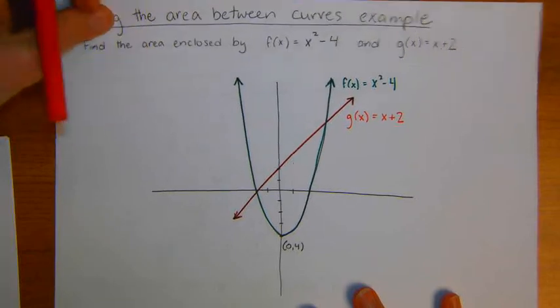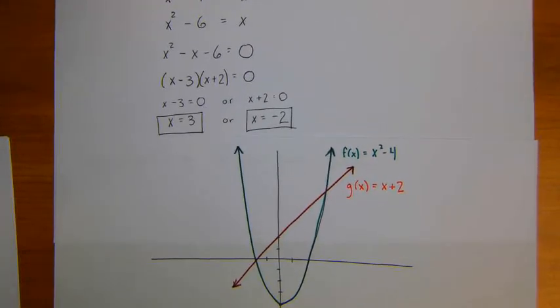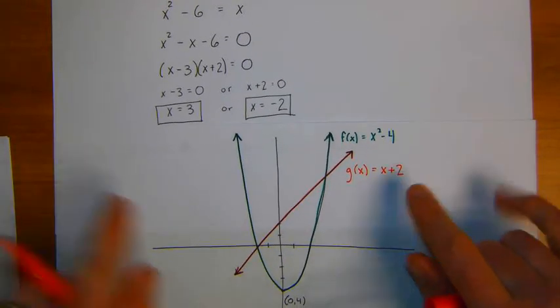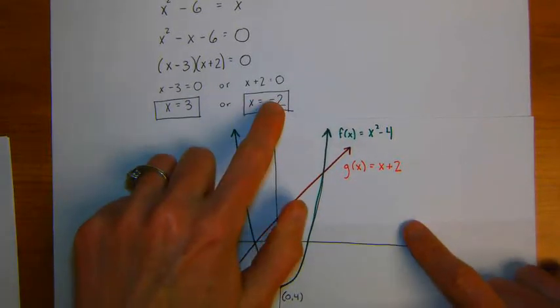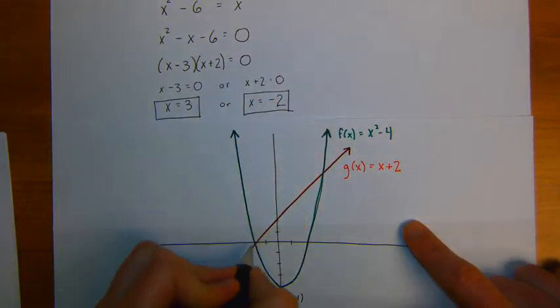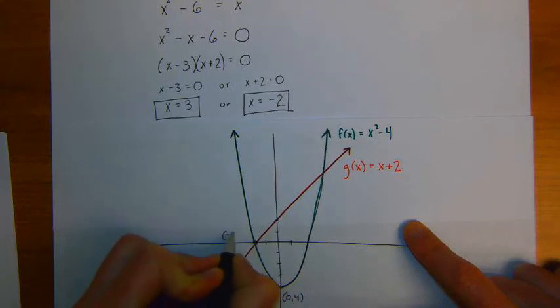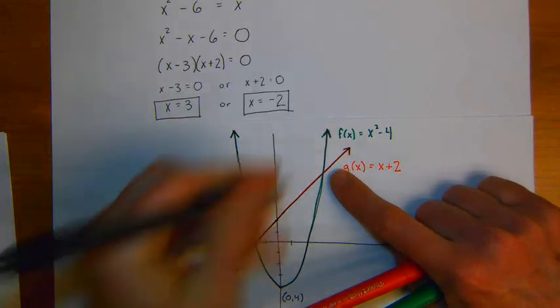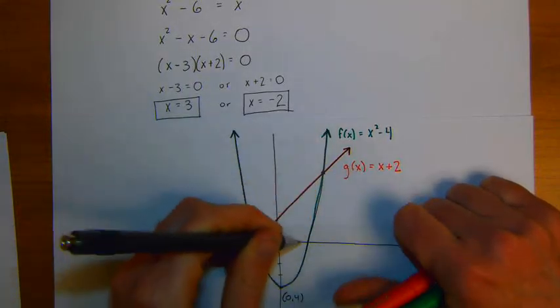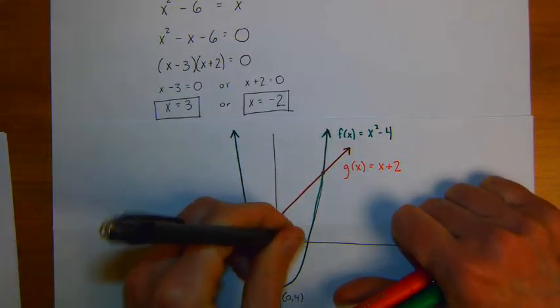And given the work that we've already done, we found that the intersection points of these two curves are going to be at the value of x equals -2, which is down here at this point. So this is the point -2, 0, although you don't need to find the y-coordinate. And they're also going to intersect up here at x equals 3.